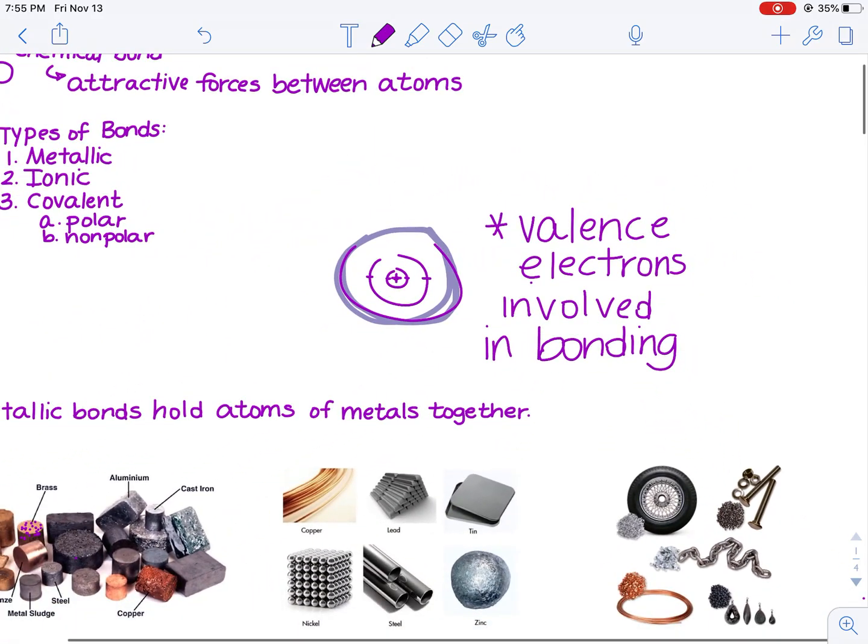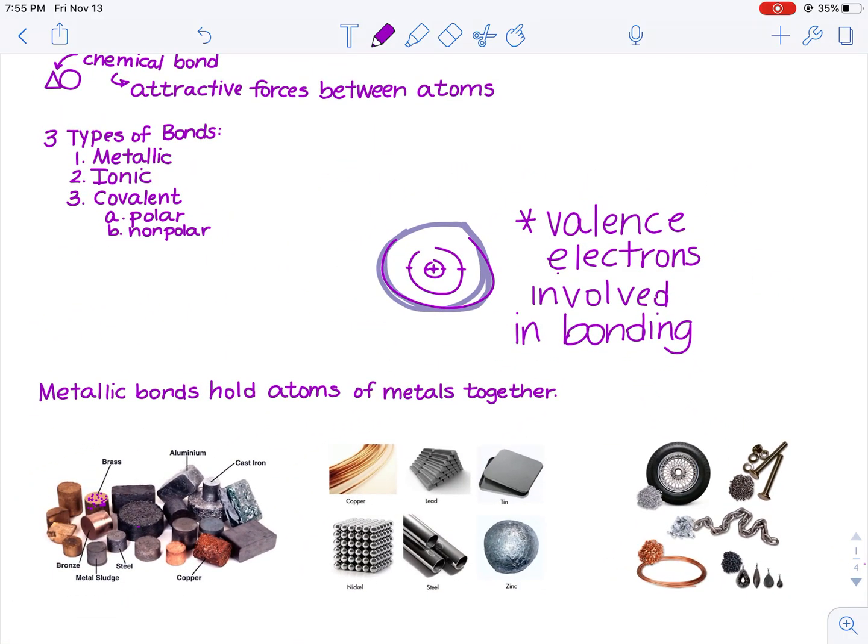Again, when we talk about atoms bonding, it's the valence electrons in the electron cloud that are involved in this bonding process.